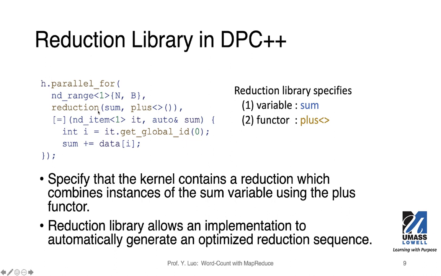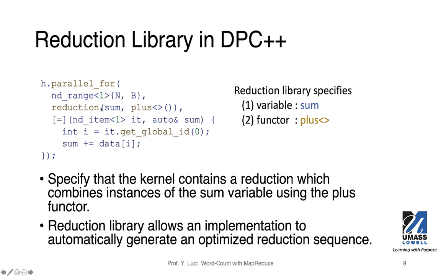This reduction keyword is followed by two terms. The first one is the variable that we use to perform the reduction, and the second term is the functor, which defines the operator that the reduction kernel will leverage.